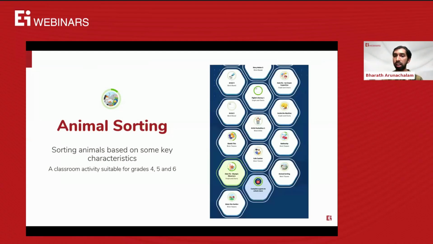This is the landing page for it, which has a lot of these interactives that we have built, and they help in understanding and honing specific computational thinking skills, right? So we chose animal sorting specifically because it has the biology content, the connect to CT in it.